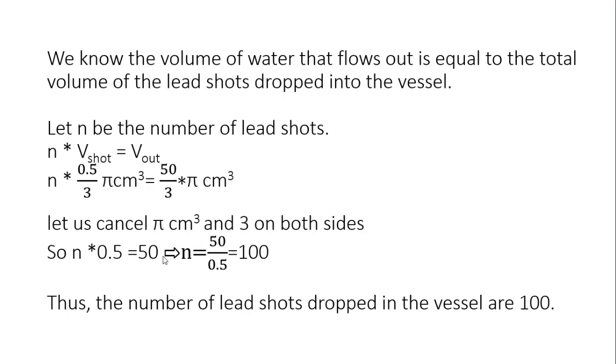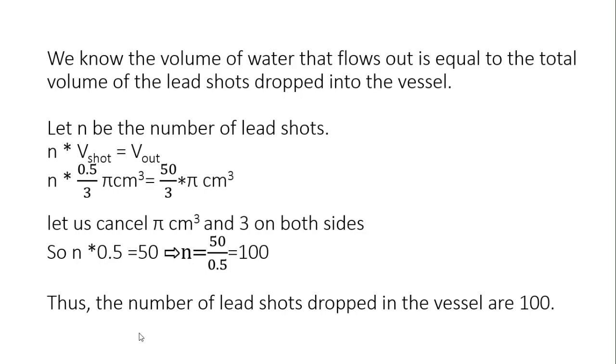So the number of lead shots dropped into the conical vessel such that 1/4 of its volume flows out is nothing but 100. Okay, right? So the total number of lead shots dropped into the vessel is 100. This is what is required in the given problem. We have to find the number of lead shots. We found it. Okay, right?